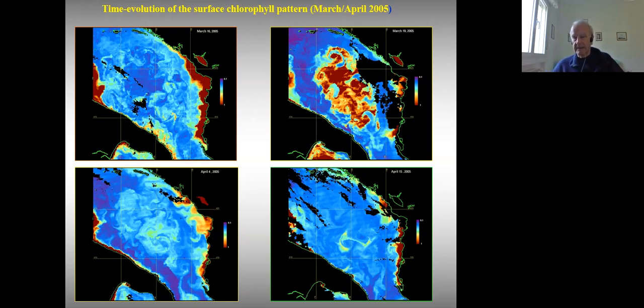Apart from that, there is another important role of dense water formation: the water which stays at the surface is rich in oxygen. If we have this vertical mixing from the surface to deeper layers, that means that this vertical mixing on one hand brings the nutrients into the surface layer, but on the other hand it brings the oxygen to the deeper layers.